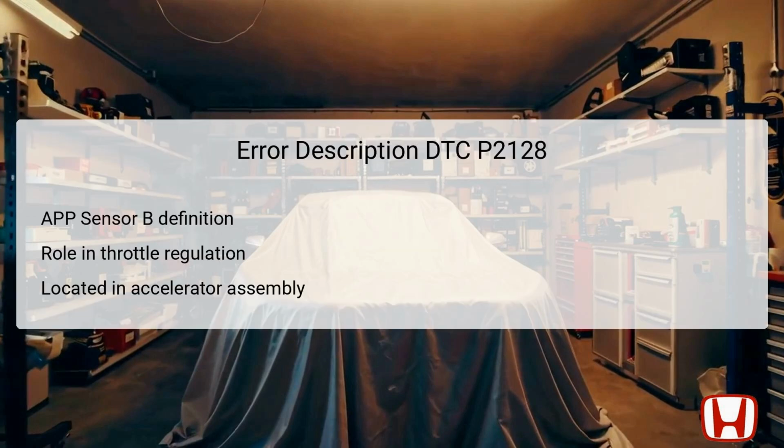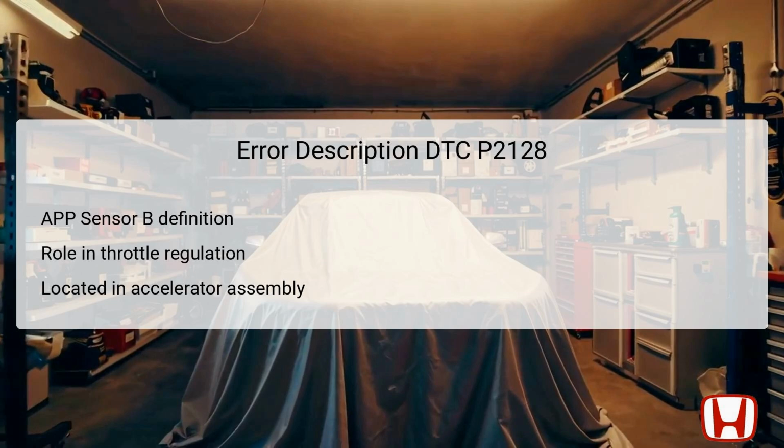The error description for DTC P2128 entails an issue with the APP Sensor B, which is also known as TP Sensor E. The primary role of this sensor is to monitor the position of the accelerator pedal to relay that information to the PCM, ensuring optimal throttle response during vehicle operation.